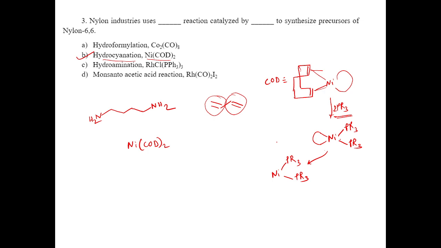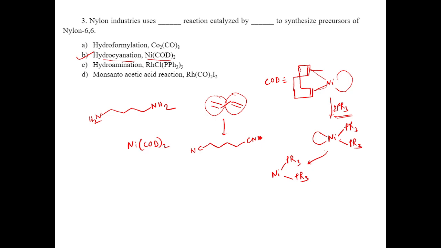Instead, if you take styrene or any aryl substrate, it will give you the branched product. But mostly for these two you will get this, so this is your product that you are looking for.